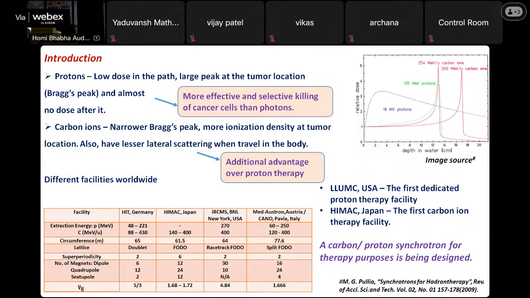Due to these advantages, we are designing a carbon and proton synchrotron for therapy purposes. These are the various facilities around the world. Actually, 14 carbon facilities are currently operating in the world, and they are also using proton therapy.